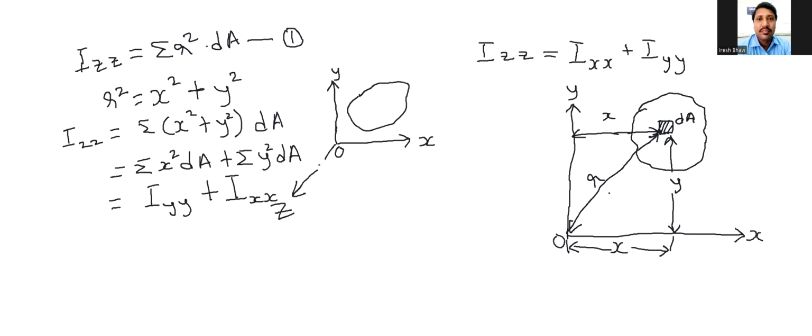Hence proved. That is, Izz is equal to Ixx plus Iyy.